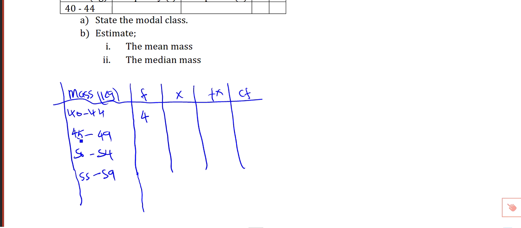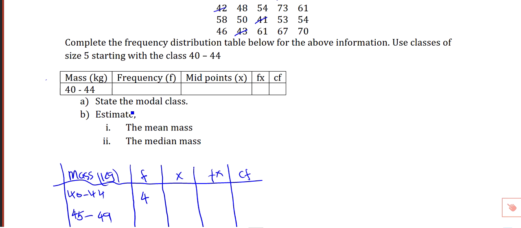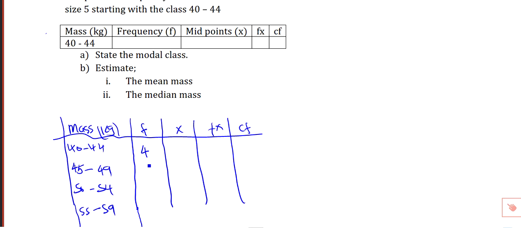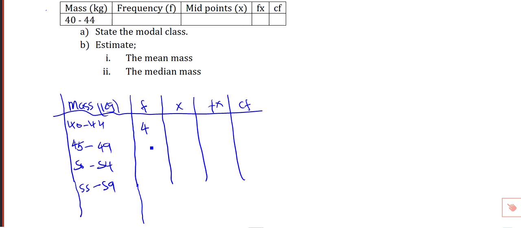And now for values ranging from 45 to 49, the first one is here 1, 2, 3, and then next 4 here, and then this one is 5. So 45 to 49 we have 5 values.